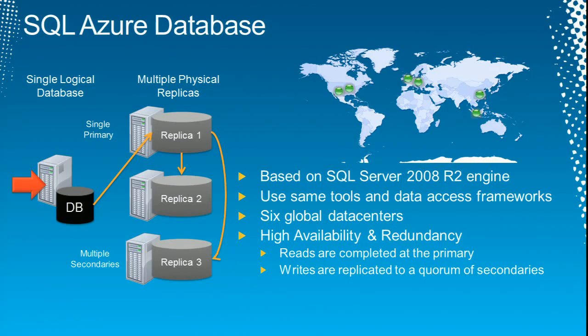So what happens when you connect to a database, we have these machines called gateways, and the gateway machine maintains a metadata directory. Inside that metadata, it says your database is located on this node, and it goes ahead and routes you accordingly to the back-end node, which is hosting your database. SQL Azure is a multi-tenant system, which means that your databases will live on boxes with other people's databases.